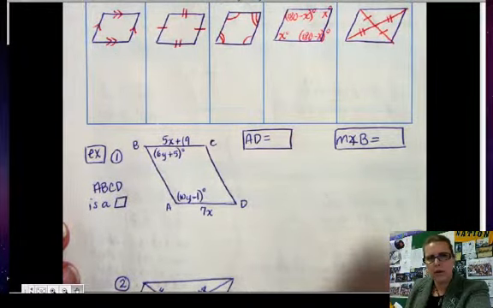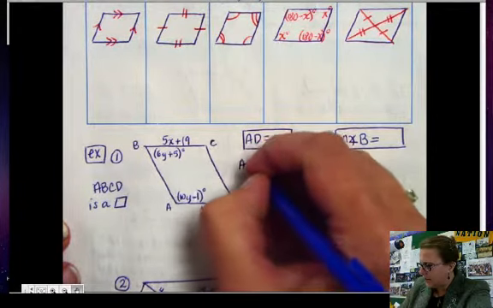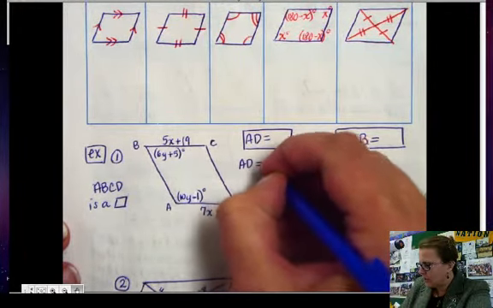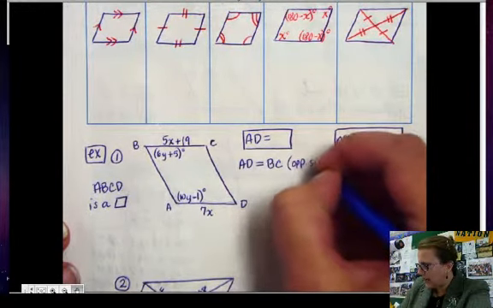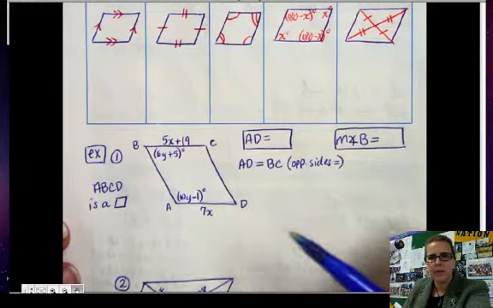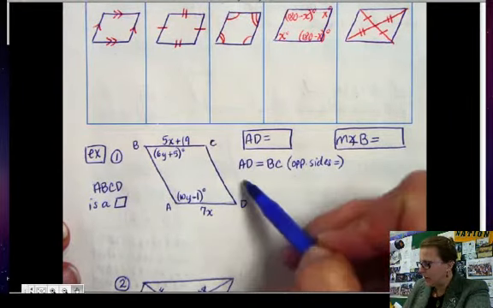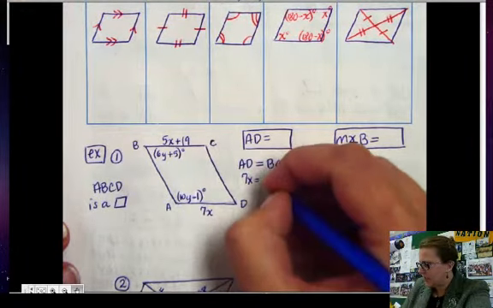So if this is a parallelogram, that means that AD has to be equal to BC because opposite sides are equal. We learned that here. Okay, so that means we can just plug in what we know. So AD is 7x, BC is 5x plus 19.